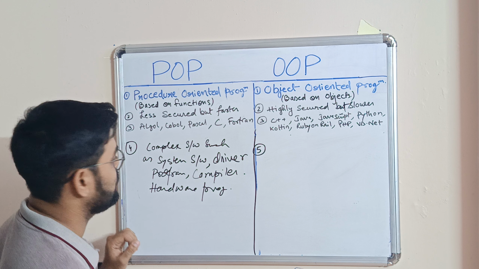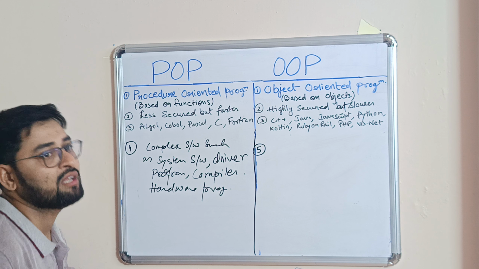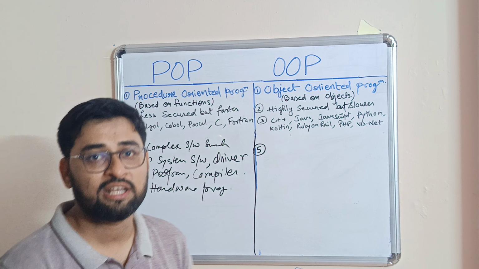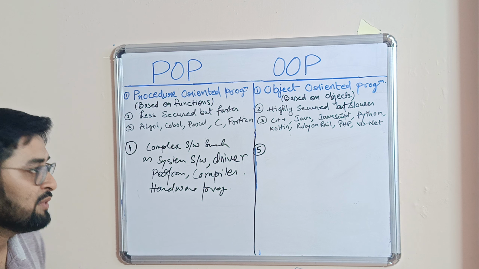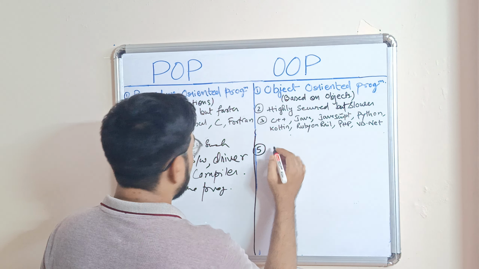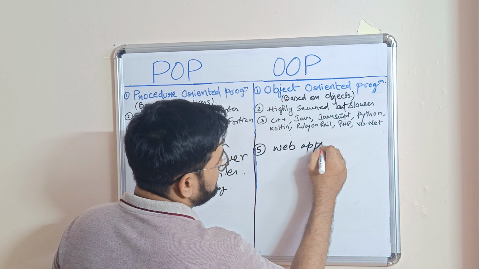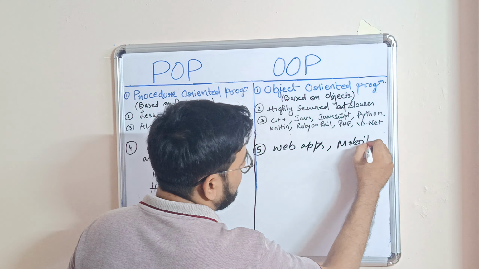Right now, without system software, we are unable to do several tasks, but security is less. We cannot have such application or enterprise level software, that is called application software. So here we have some web applications, web apps, mobile apps.